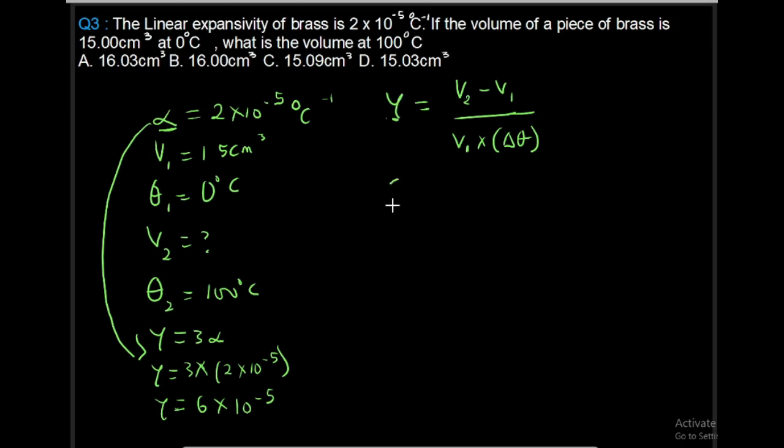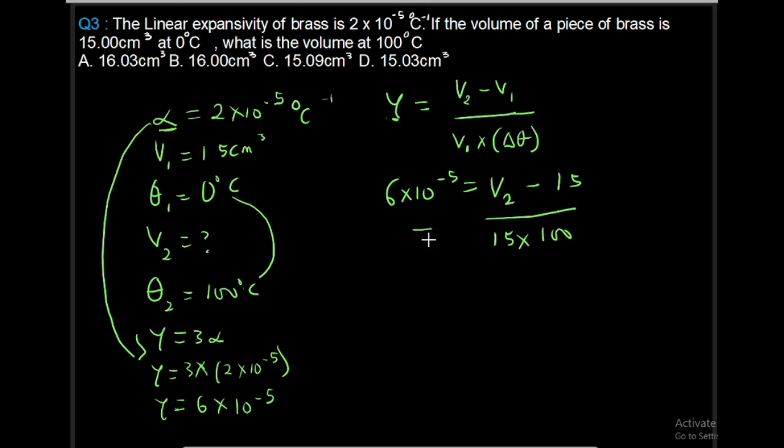We have 6 times 10 raised to the power of minus 5 equals V2, which is unknown, minus initial volume, which is 15, all over 15 times the change in temperature. All right, change in temperature, final temperature minus original temperature. So we have 100 minus 0, that will give us 100.